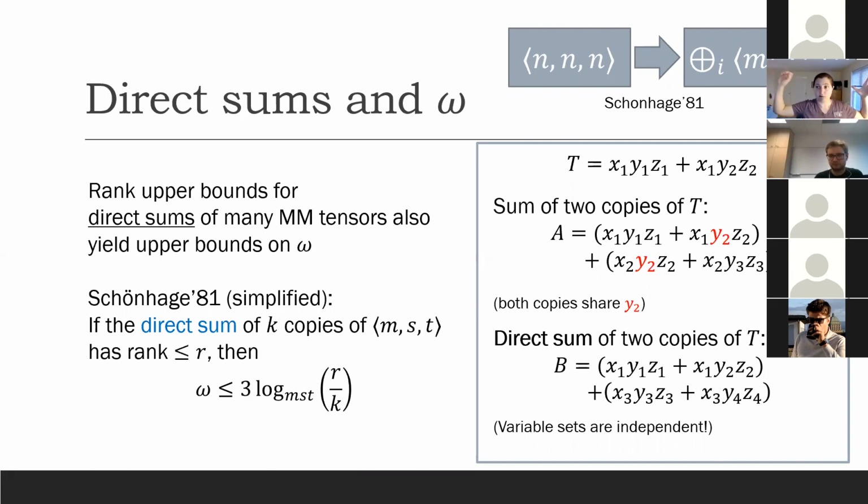And then you show that you can zero out a bunch of variables so that what remains is actually matrix multiplication of the correct dimensions. And it actually turns out that you can divide the rank by k when you do that. It's as if you had a single one with the division by k. Okay, so this is how the proof goes.